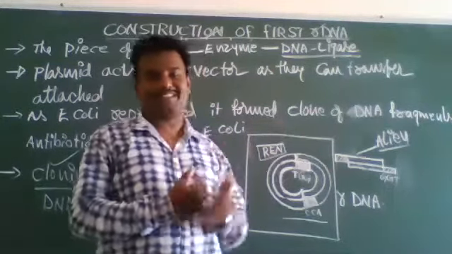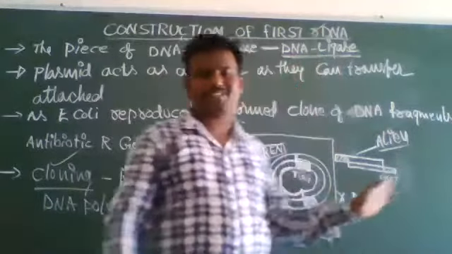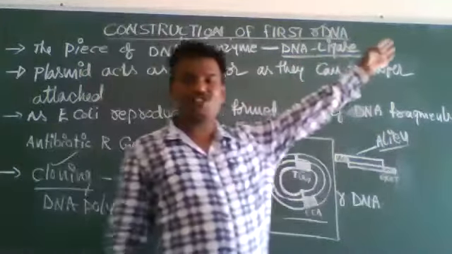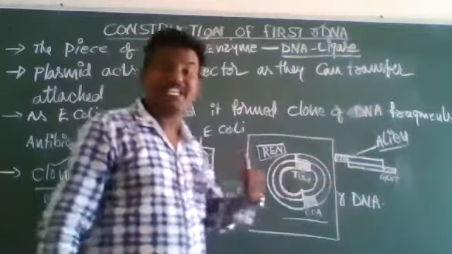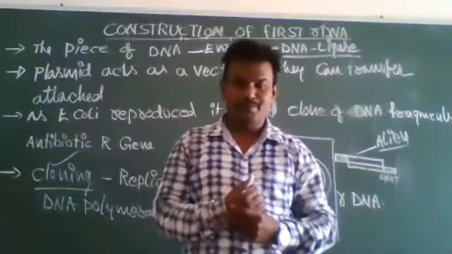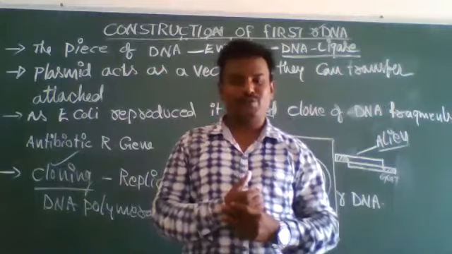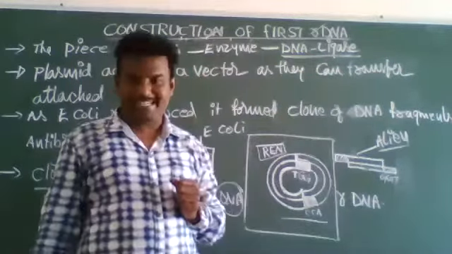This is the method of biotechnology. In biotechnology, this is the basic step. In the horticulture university, what I said now, practically they will do. Okay, that's all. This is the explanation about the construction of the first recombinant DNA.